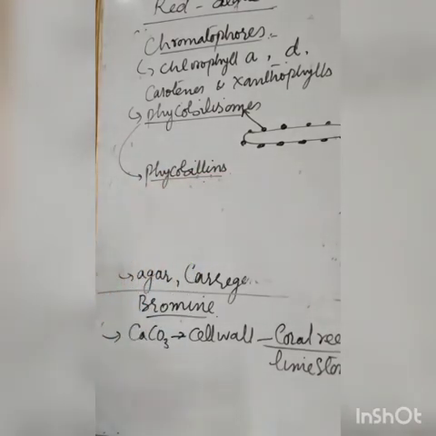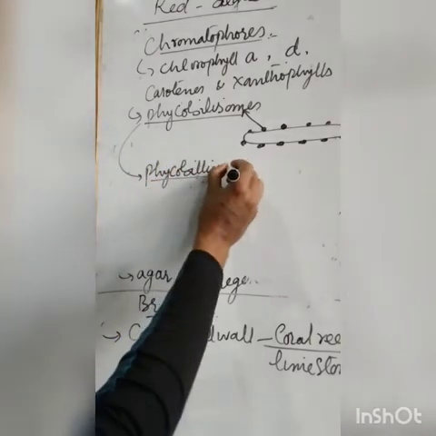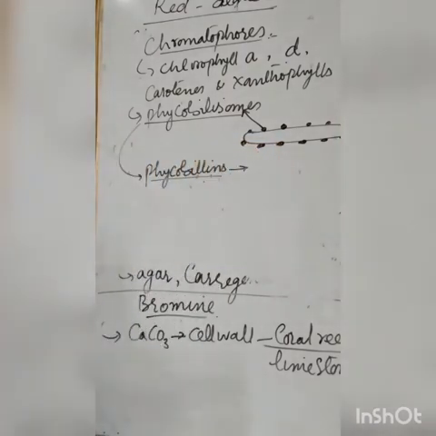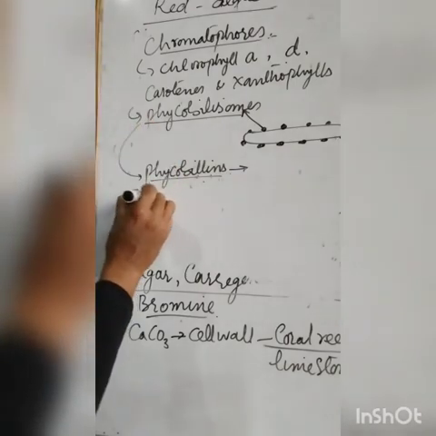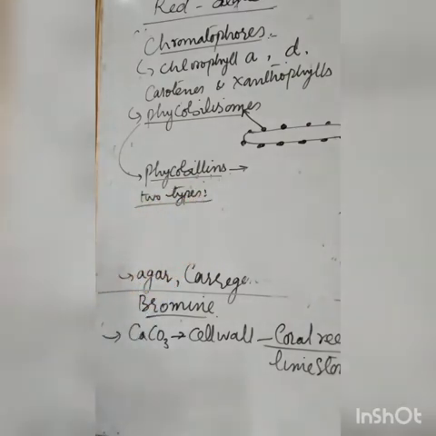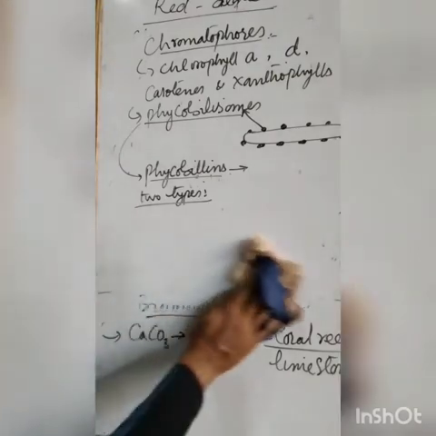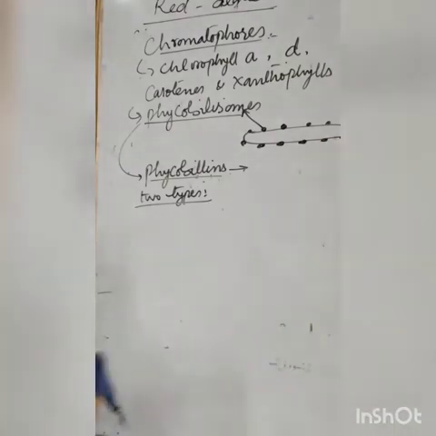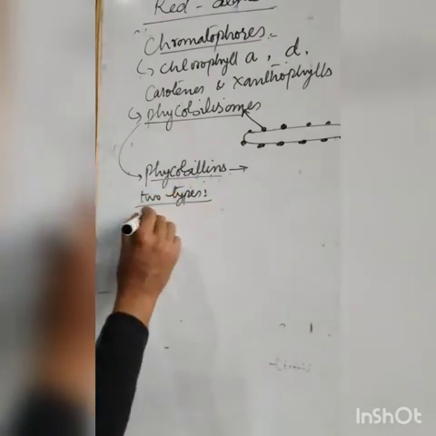These are only found in red algae, and they are absent in other algae. Phycobilins are of two types. One is phycoerythrin, which is red in color.